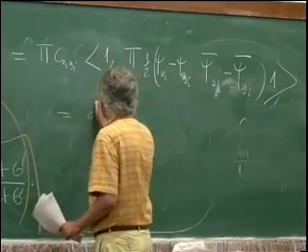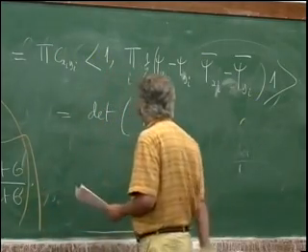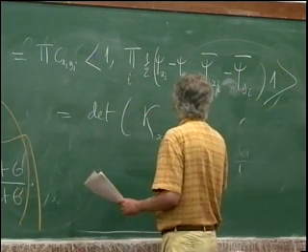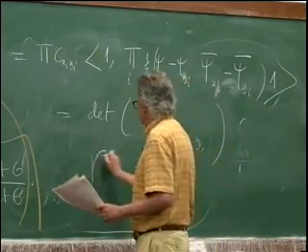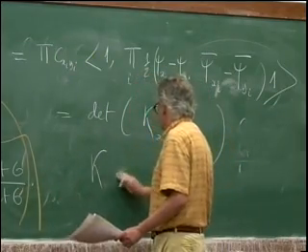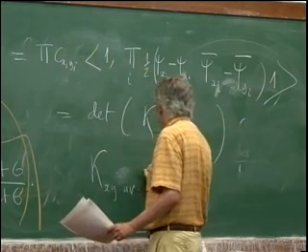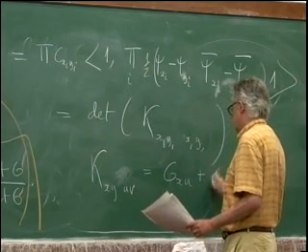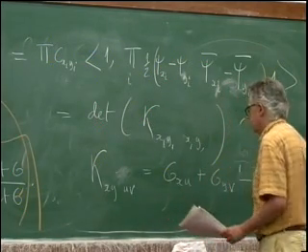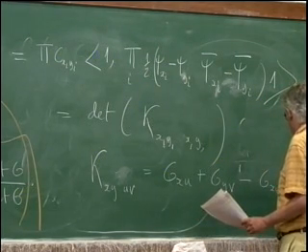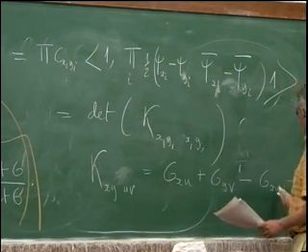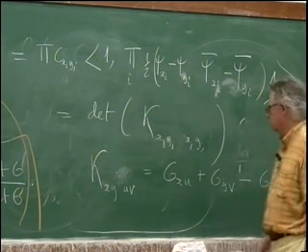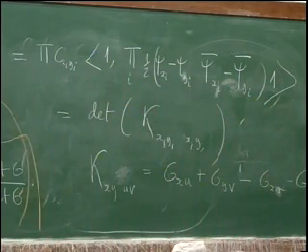So you get this as a determinant of k xj, xi, yi, xj, yj, where k xy uv is just g x u plus g y v minus gxu minus gxv minus gyu. So essentially the green function again.